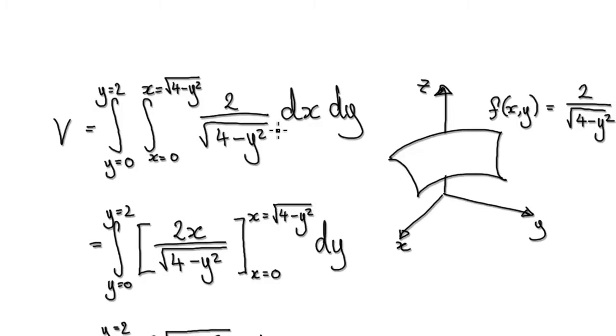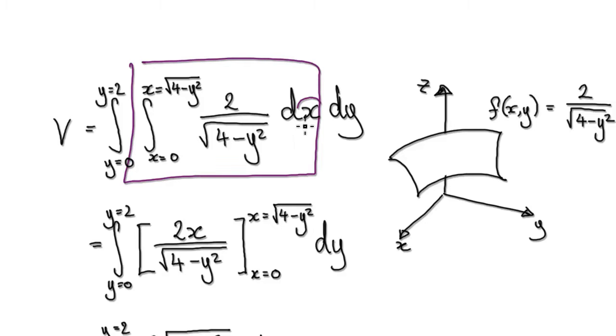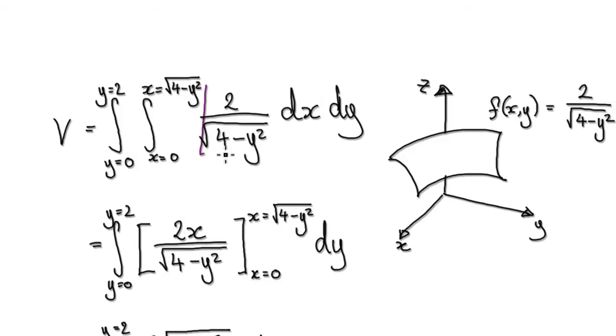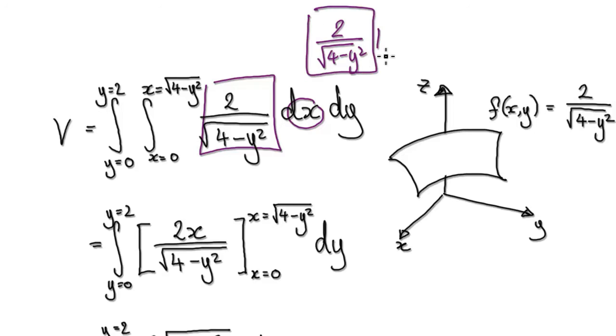So now we can just blindly integrate it. Looking at this, integrate it with respect to x, but there is no x in here. So really this whole block here is a constant. So when you integrate it with respect to x, it's just going to be that block times x.